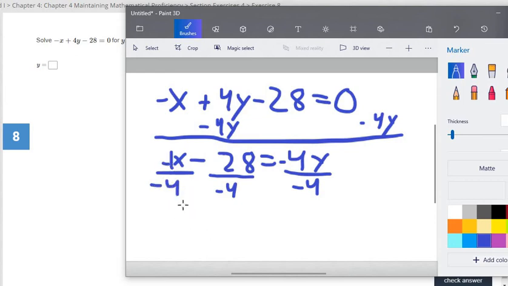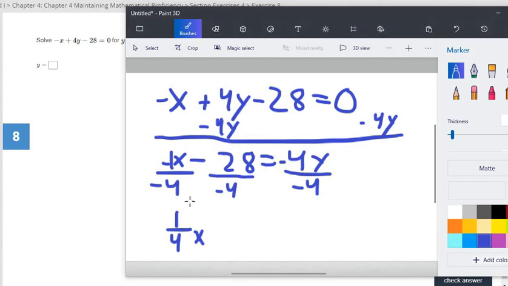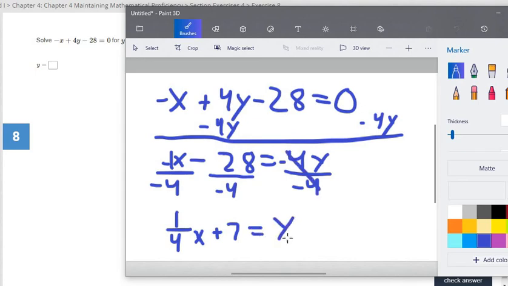Negative divided by negative is going to leave us a positive, and it's actually going to be 1/4 x. Again, we have negative 28 divided by negative 4, which is 7. So it's going to be plus 7. And that's going to equal, these cancel out, just leaving us a y.